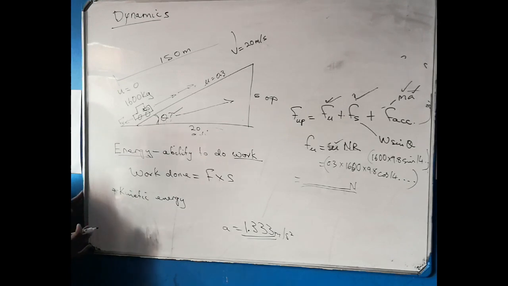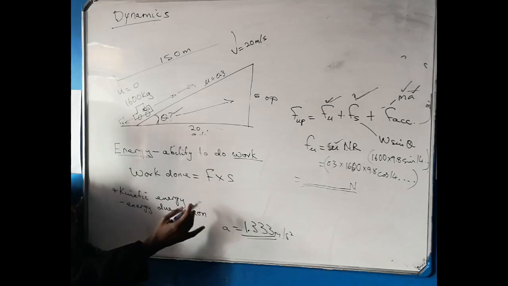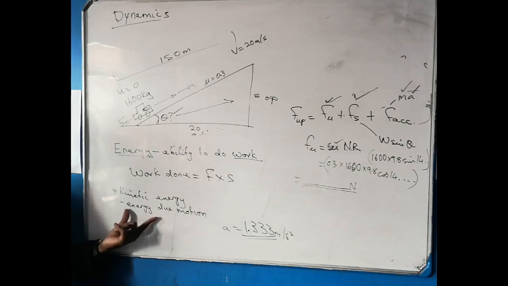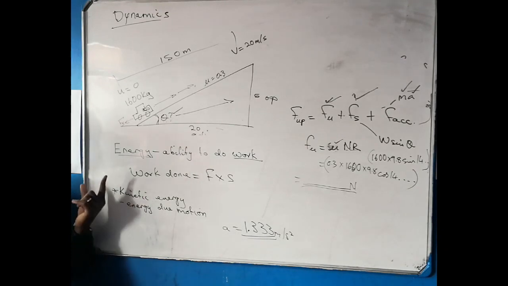It is the energy that an object has due to movement or motion. So an object which is moving has kinetic energy. If an object is not moving, there is no kinetic energy, only if it is moving.